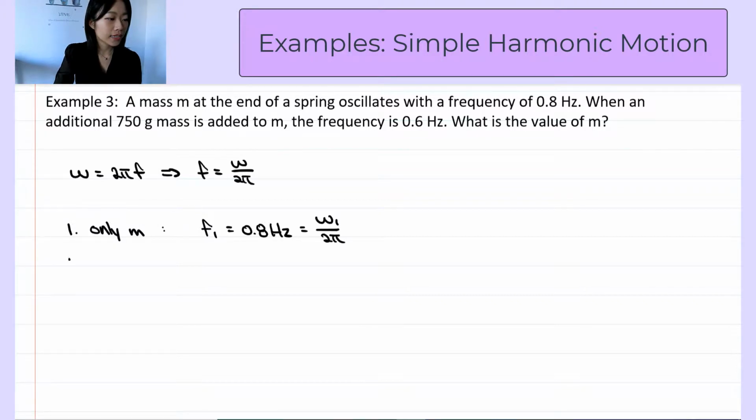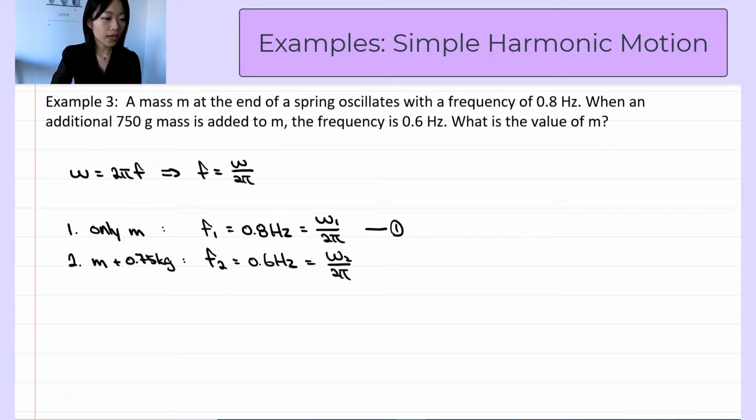In the second case, we have mass M plus 0.75 kilograms. When we add this mass, the frequency now is 0.6. And it equals to omega 2 over 2 pi. And let's call them equation 1 and equation 2. Now let's find the ratio.